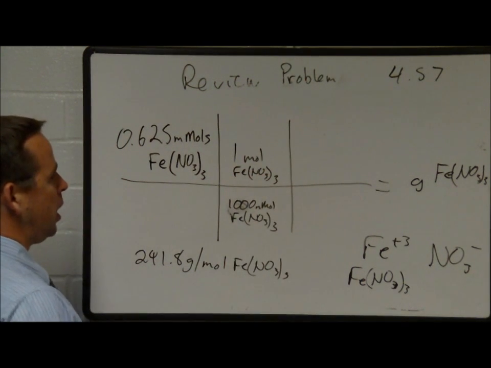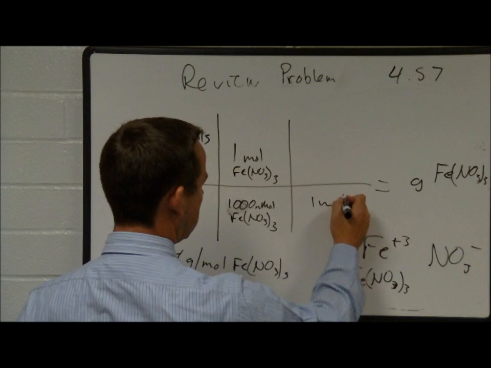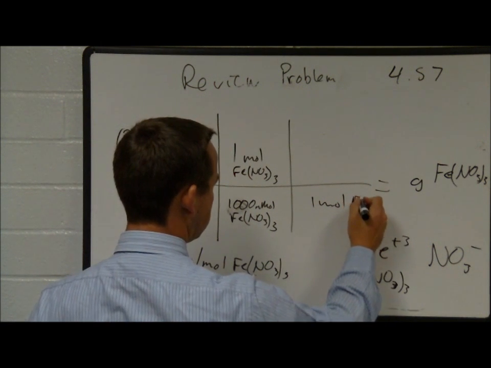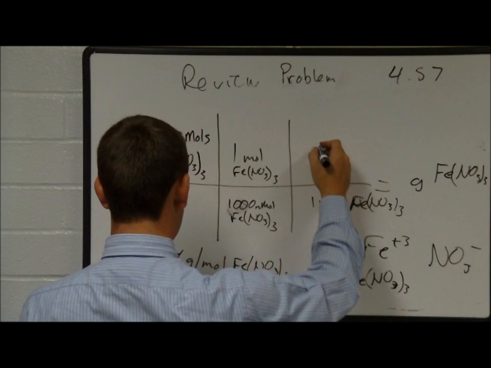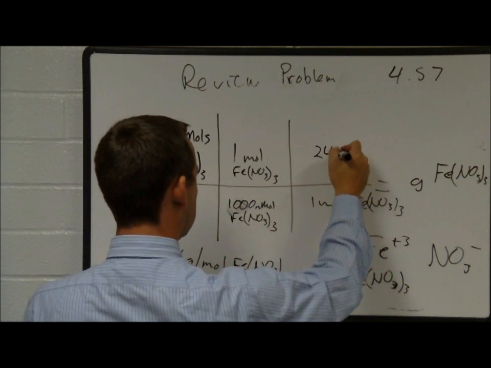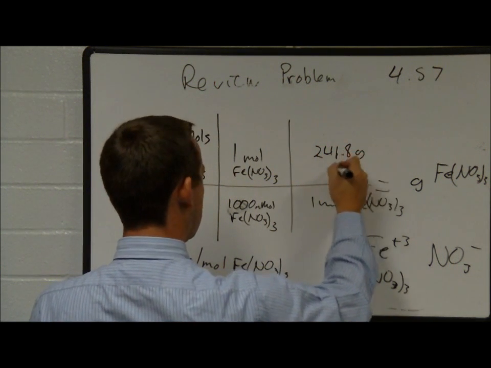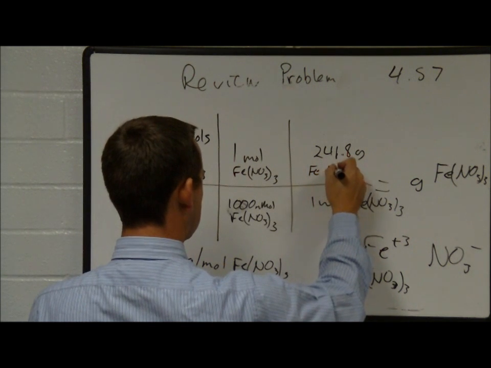Okay? And then for every 1 mole of iron nitrate, we have 241.8 grams of iron nitrate.